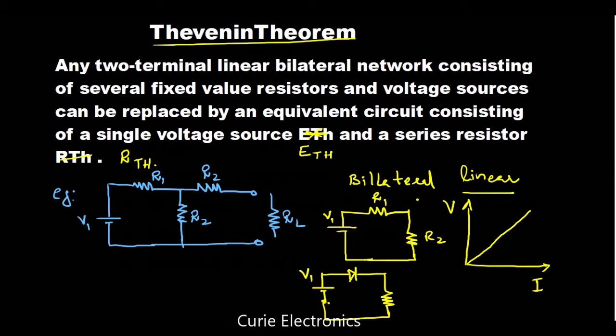It can be replaced with a Thevenin equivalent circuit. The Thevenin equivalent circuit consists of ETH, this is the ETH, and a series resistor RTH. So this is the Thevenin equivalent circuit.